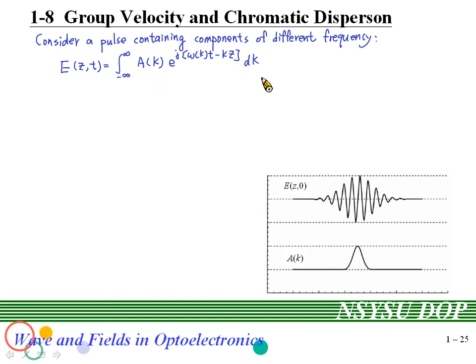In this expression, you can see that here is the plane waveform, and for different values of k, we can find out the corresponding omega. And for each component, each kind of plane wave, they have their own amplitude here.